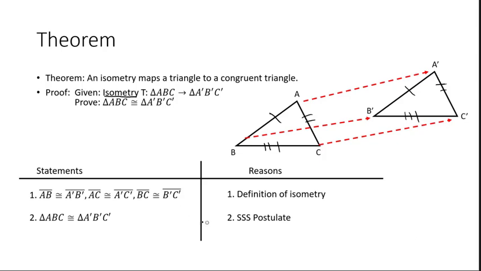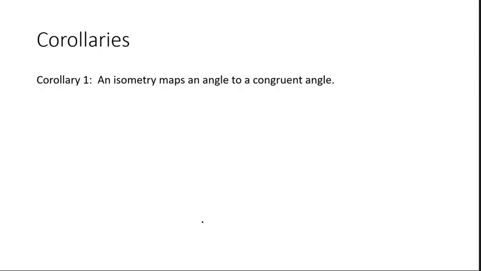So with this information, we have two corollaries. The first is that an isometry maps an angle to a congruent angle. All right, for that same logic that we just had with those triangles, right? If we have congruent triangles, then all the angles are the same as well within that triangle. So the congruent triangle also implies we have congruent angles as well.